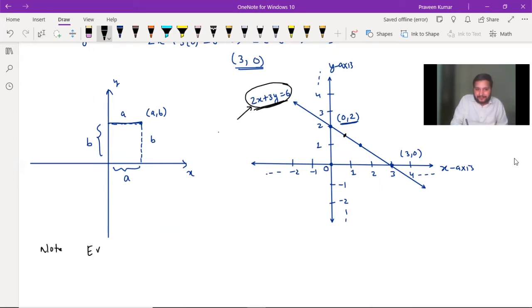Every linear equation in two variables always has infinite many solutions.